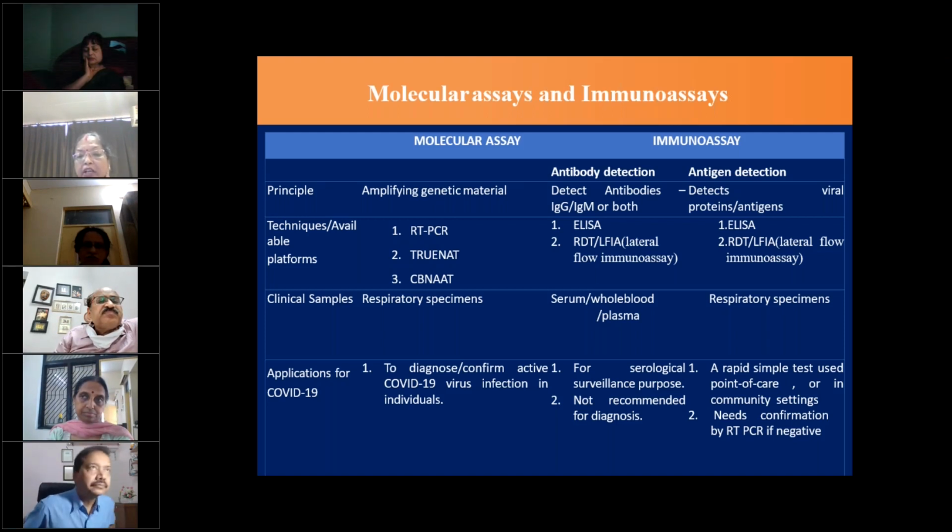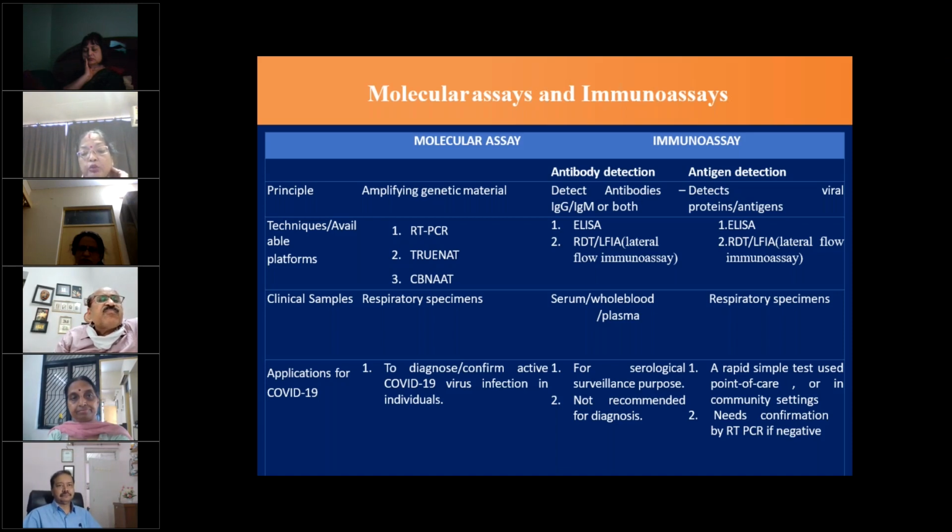Then we have antigen detection tests, which detect the antigen or the protein. There are various formats, like ELISA based, or rapid tests, or lateral flow immunoassays. Then we have antibody detection, which, as we'll discuss further, is not meant for diagnosis, but for serological surveillance and other purposes.